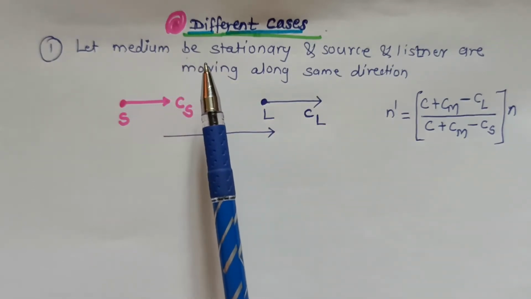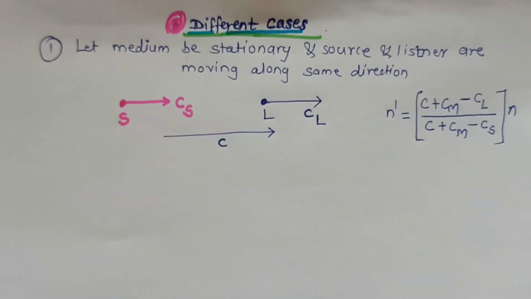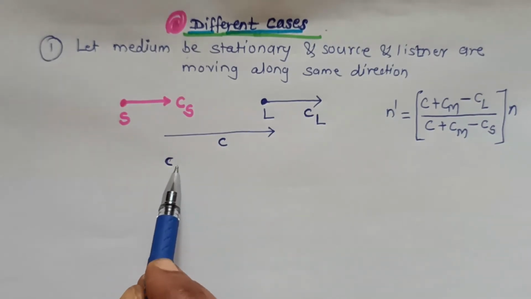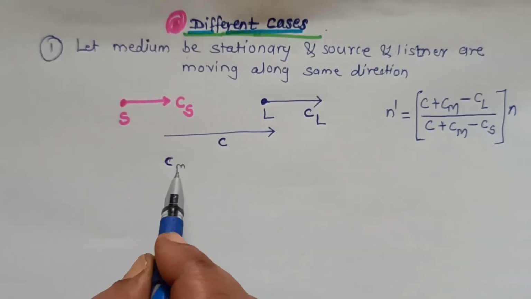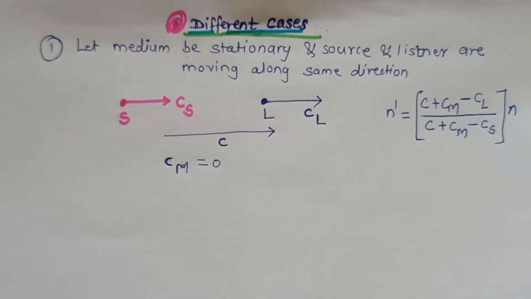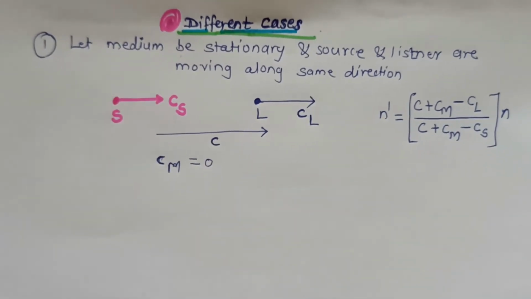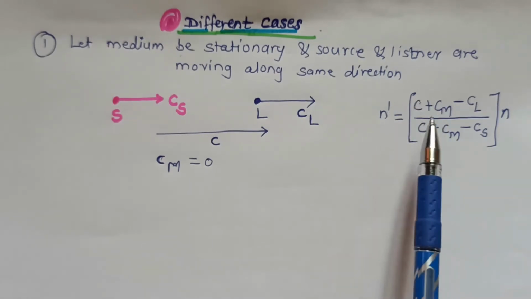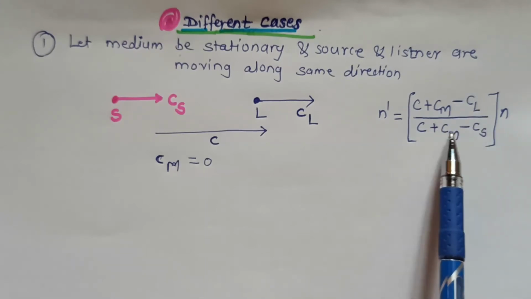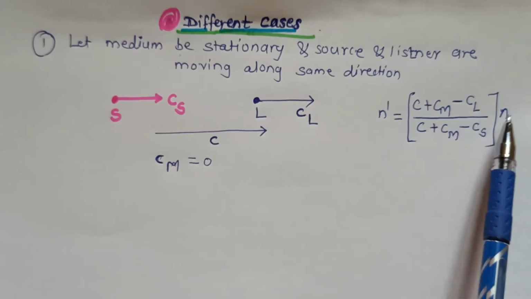It means that the velocity of the medium, cm, is equal to 0. The condition is the medium is stationary, so its velocity cm is equal to 0. Now we know that the expression for apparent frequency n dash is equal to (c plus cm minus cl) divided by (c plus cm minus cs) into n.